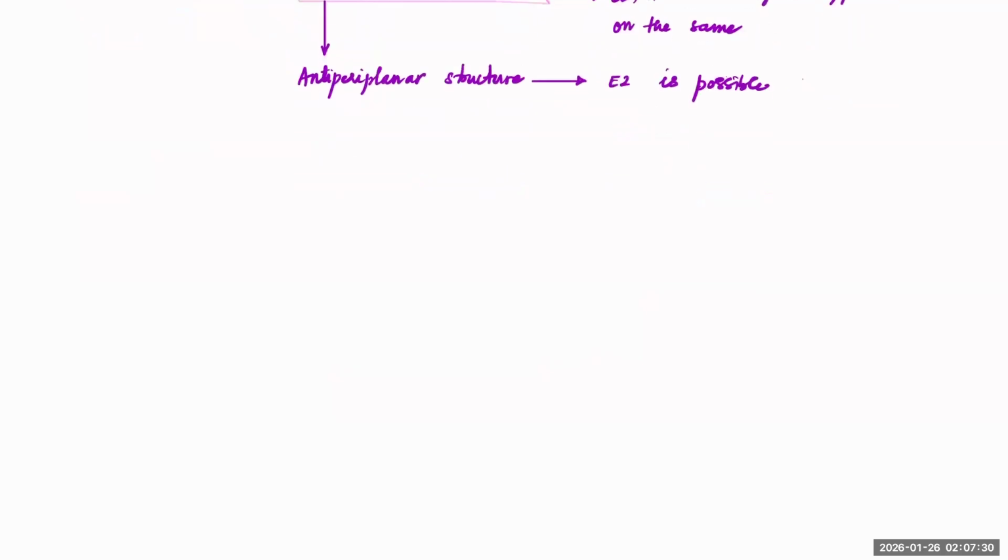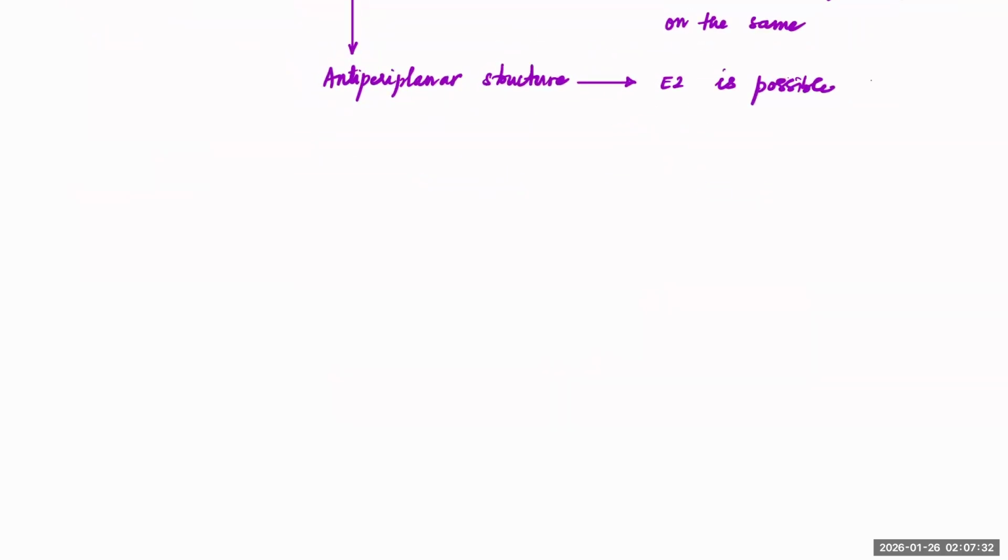Let me show a few cases on a structural basis. For instance, if I have a sawhorse projection, chlorine is here, hydrogen is here, methyl is here, ethyl is here, methyl is here, ethyl is here, like this.